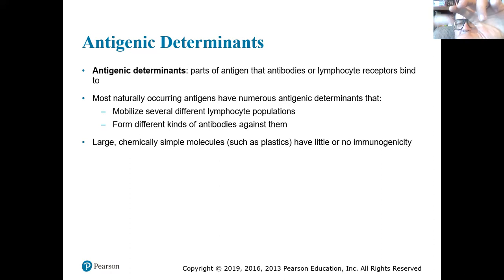There are lots of spots on that because the whole thing is foreign and weird and doesn't belong. There are lots of places on it, little tiny spots. You look and say, that doesn't look like one of our cells. Those are what the determinants are. Large, chemically simple molecules like plastics have no immunogenicity, they don't cause immune responses.